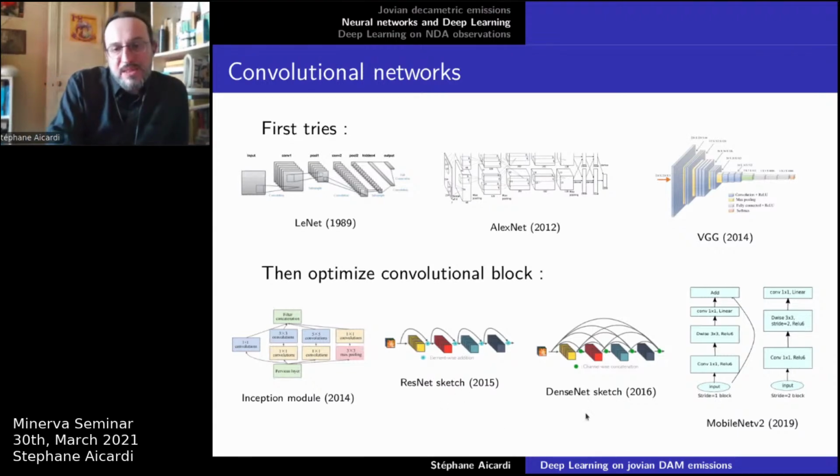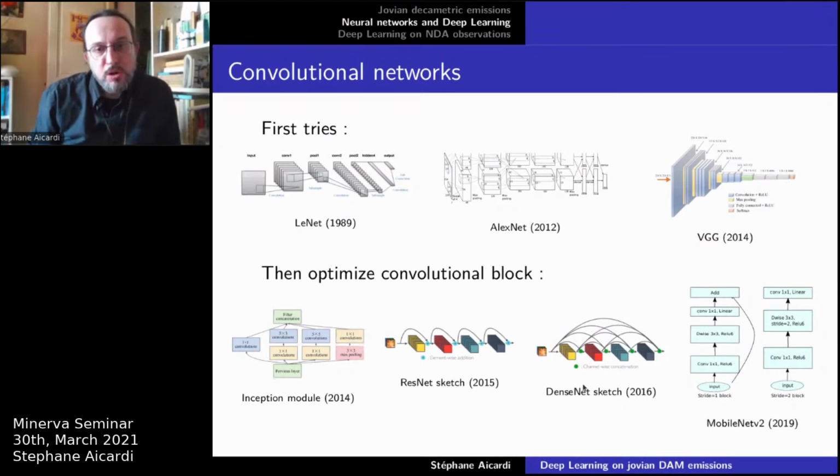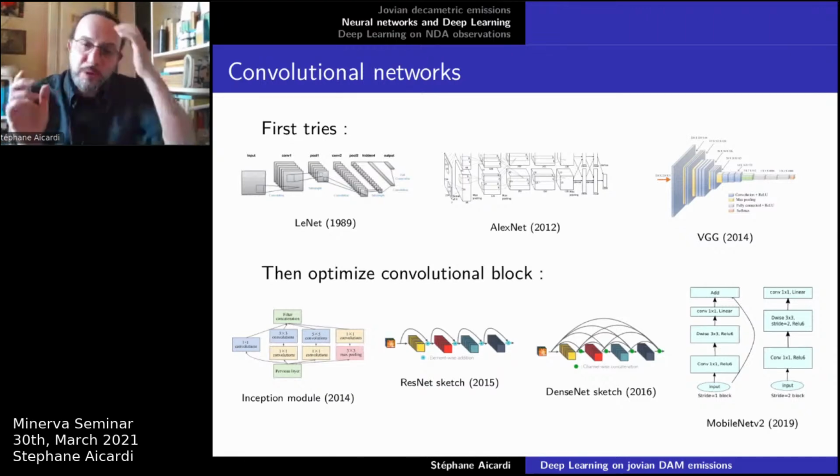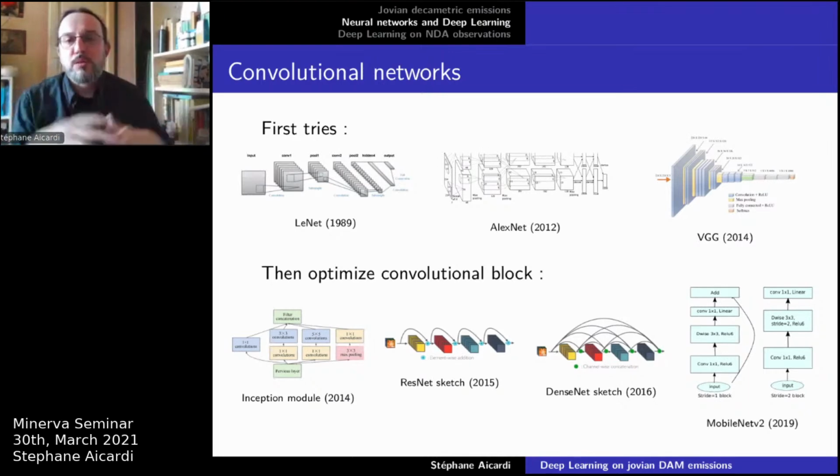Then DenseNet does essentially the same thing, but a little more complicated and with fewer parameters. And last example, we have MobileNet, which tries to do very tiny convolutions in order to have a model that fits on a mobile phone.